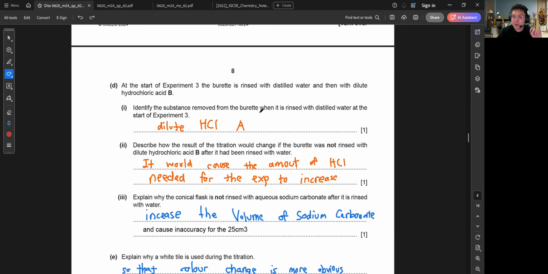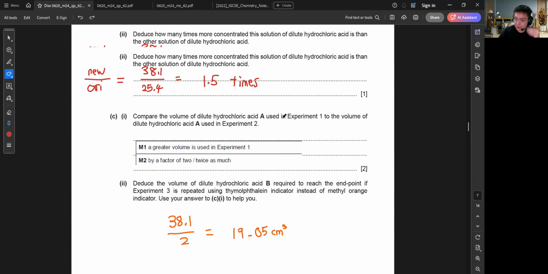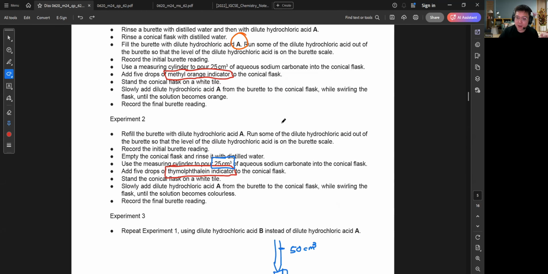At the start of experiment 3, the burette is rinsed with distilled water and then with dilute hydrochloric acid B. Okay, let's just scroll up one more time. This is what I was explaining earlier.